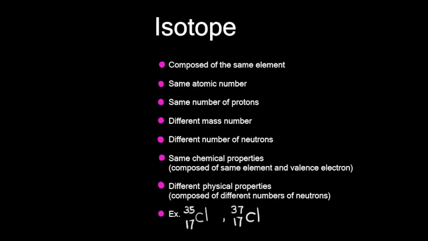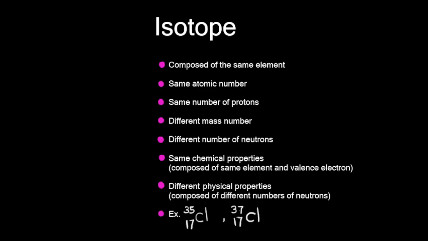The chemical reactivity of isotopes is essentially the same because they are composed of the same element and they have the same number of electrons, especially the same arrangement of valence electrons. On the other hand, isotopes often have different physical properties because the number of neutrons in their nuclei is different.